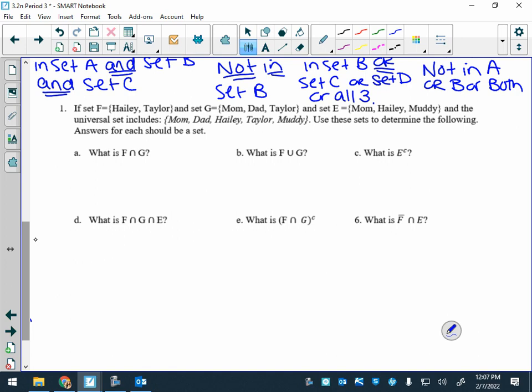So we want to know what is in F and G. So the intersection, what do F and G have in common? Josh? Taylor. Good. Then the next one is F or G or both.